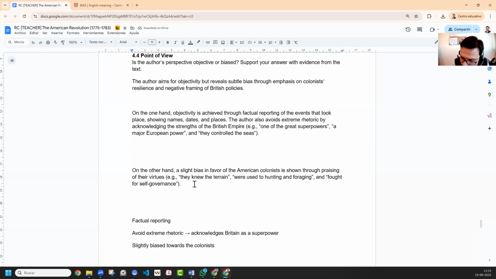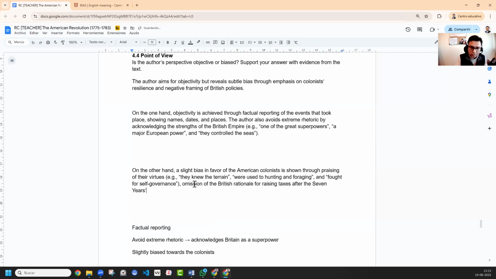So it is shown through praising of their virtues, omission of the British rationale. That's the reasoning, the reasons behind something, for raising taxes after the 7 Years' War.